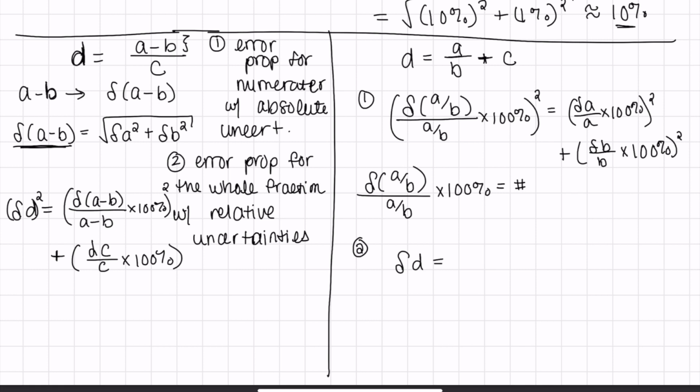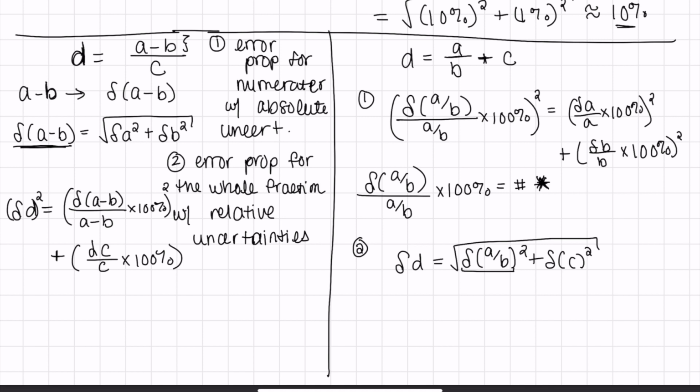Then you can use the second step of error propagation, that the uncertainty in D is equal to the square root of the absolute uncertainty of A over B squared plus the uncertainty in C squared. And again, we get that number from converting the relative uncertainty to the absolute uncertainty.